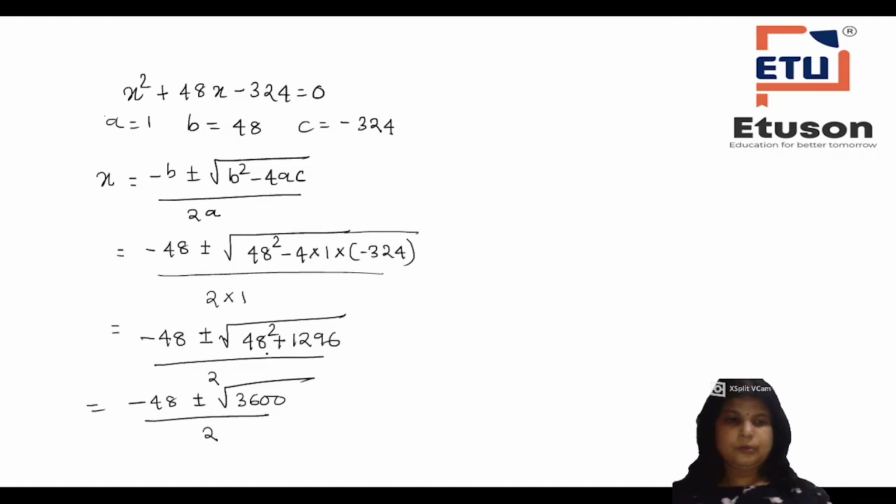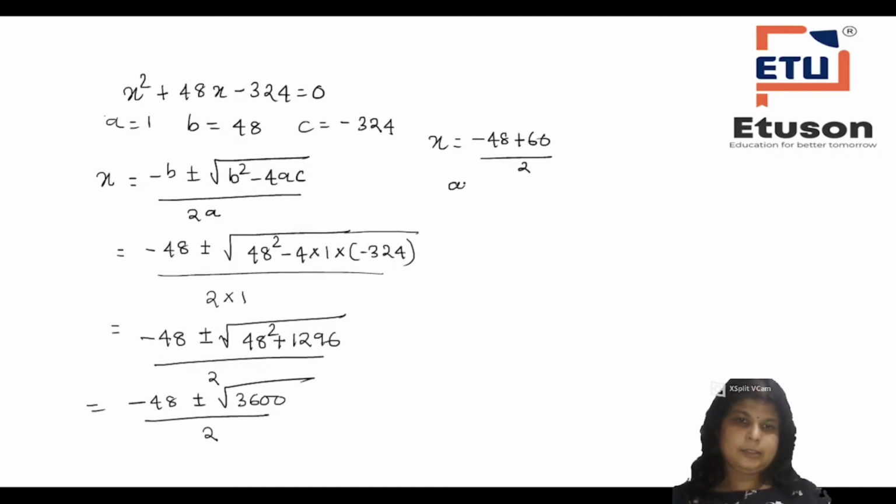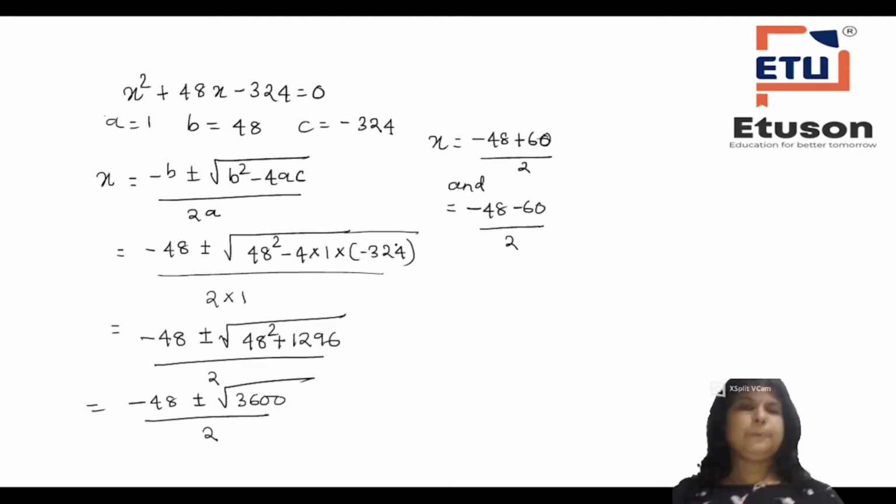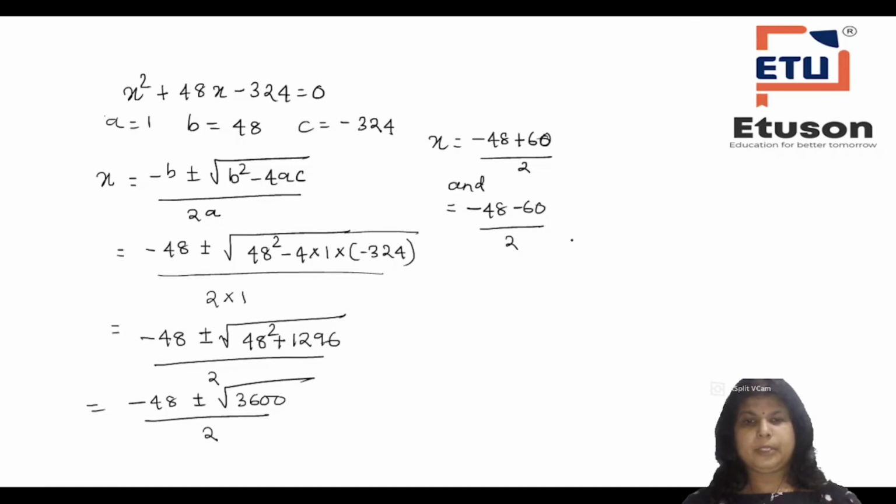Okay, so what is the value of x then? So x is equal to either minus 48 plus 60 by 2 and x is equal to minus 48 minus 60 divided by 2. So speed cannot be negative, so you have to take positive then.